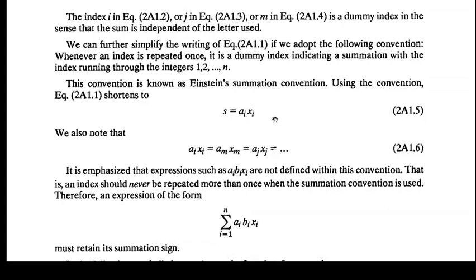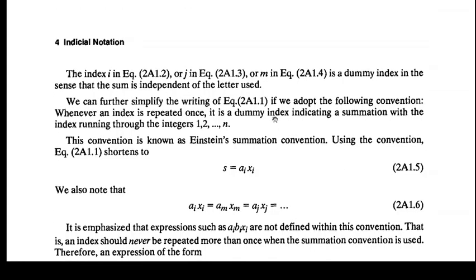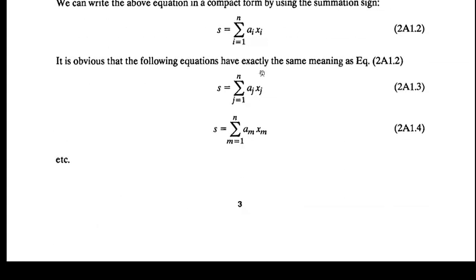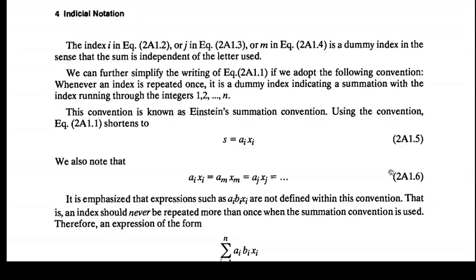Simply write s equal to ai xi. This has the same meaning as equation 2a.1.2, or 2a.1.3, or 2a.1.4. Similarly, you can write ai xi equals am xm equals aj xj equals an xn equals ap xp.